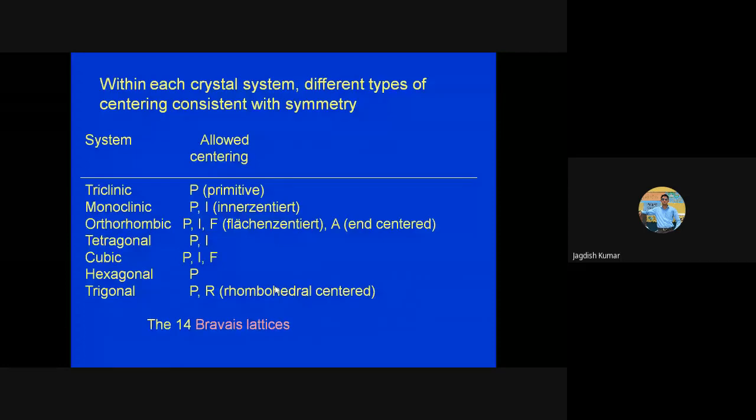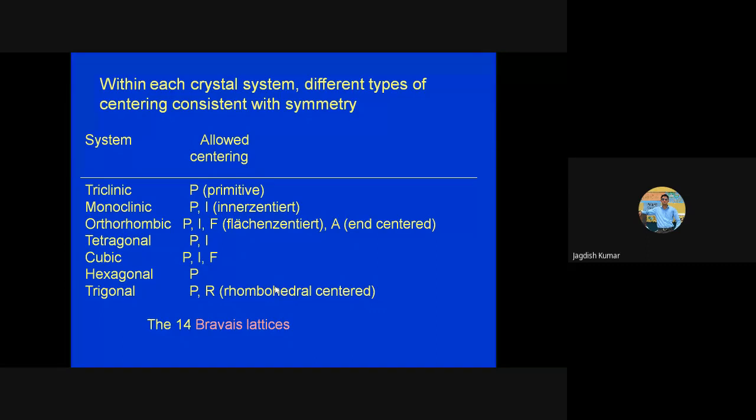So in triclinic primitive, you have only the lattice points sitting on the corners of the unit cell. So effectively you have only one lattice point in the unit cell, and that is what we call the primitive cell. Similarly, you may have a monoclinic where P is primitive, I stands for body centered.